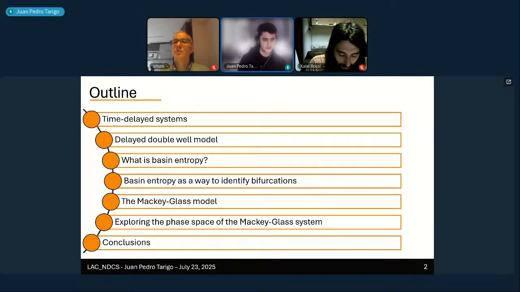Then I'm going to introduce Bayesian entropy and show how we use it to identify bifurcations in this type of systems. And then I'm going to go to a much more complicated model, the Mackey-Glass model, and show how we explore its phase space using Bayesian entropy, and how we find new bifurcations in these types of systems. And then I'm going to conclude.